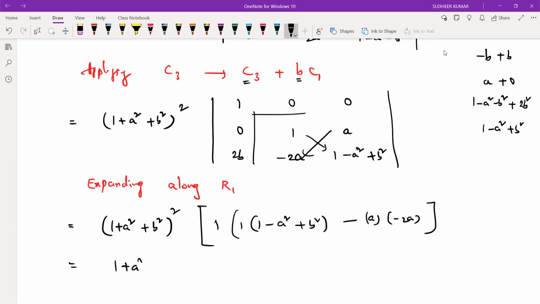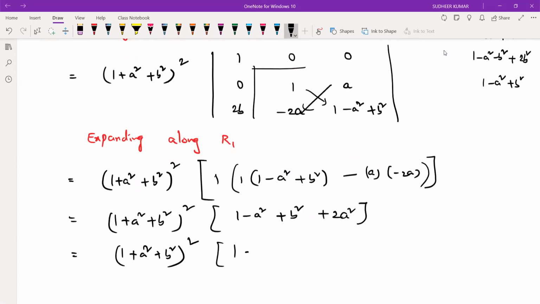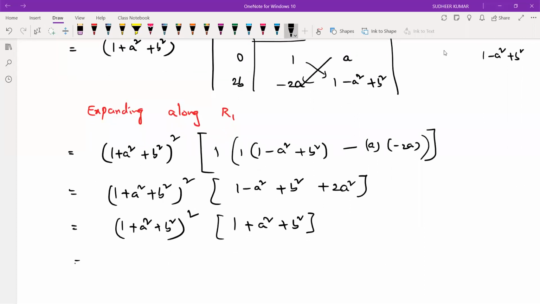So it is 1 plus a square plus b square whole square into 1 times the remaining value 1 minus a square plus b square. This is minus into minus, which is plus 2a square, right? So it is 1 plus a square plus b square whole square into 1 plus a square plus b square.